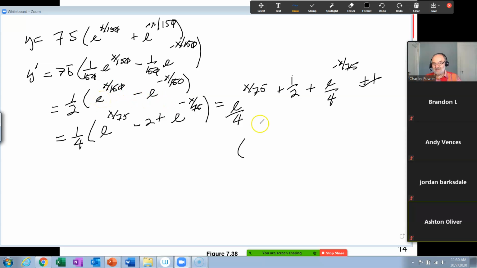Before we did this, it looks like the perfect square of 1/2 e to the x over 150, going back to this, plus e to the minus x over 150.